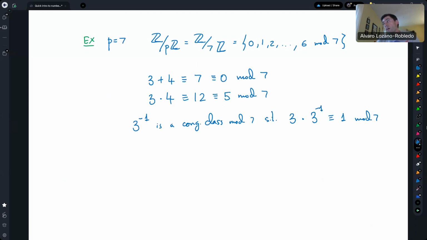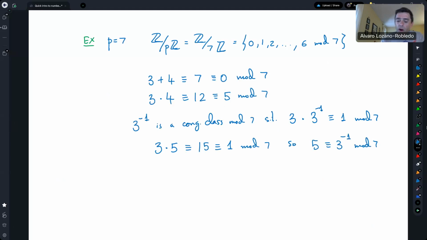So 3 times 2 is 6, that's minus 1. So 3 times minus 2 would give me 1. So if I do 3 times 5, that is 15, which is 1 modulo 7. So 5 is the multiplicative inverse of 3.